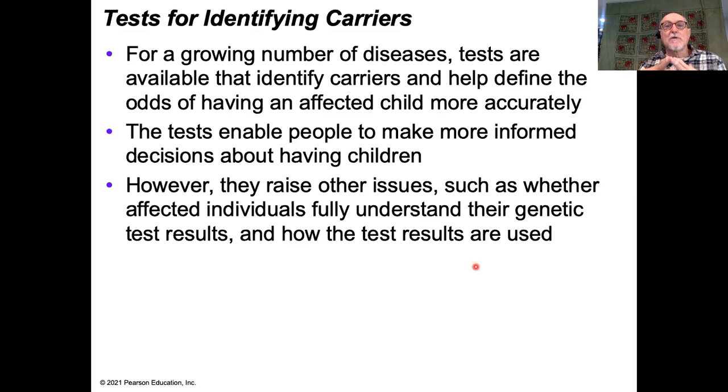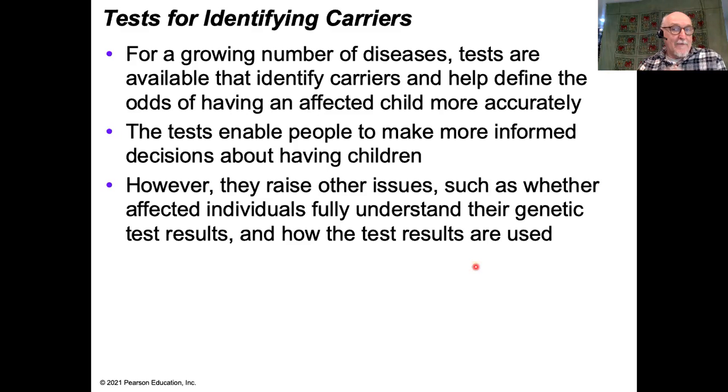Those people we refer to as being carriers, and identifying them is very, very important, because the character is actually hidden. And if two carriers were to meet and have a child, then there is a likelihood that a child could be born homozygous recessive and express the disease.